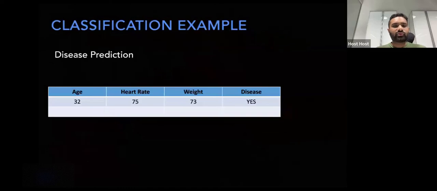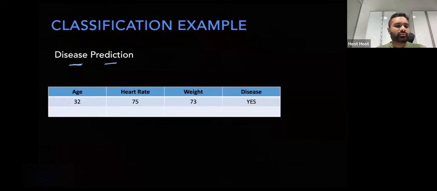So let's see one example. It will become slightly more clear. So this classification example. If we consider a problem of disease prediction, given certain attributes or features of a person, we are supposed to identify whether the given person has certain disease or not. For now, I am considering only three attributes: age, heart rate, and weight.